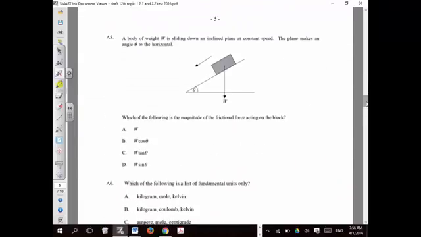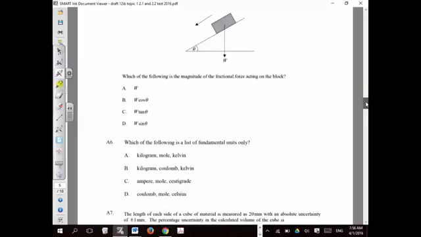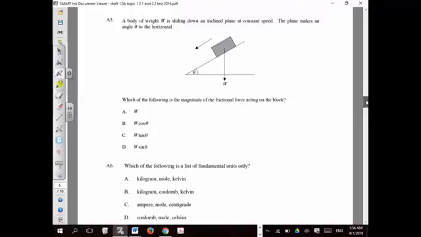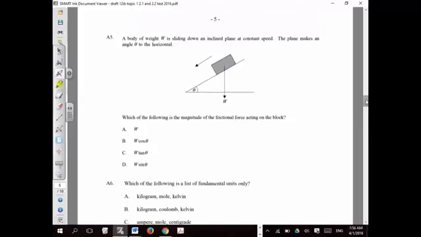Okay, a body of weight W is sliding down an inclined plane at a constant speed. The plane makes an angle theta to the horizontal. Which of the following is the magnitude of the frictional force acting on the block? It's sliding at a constant speed, it means it's in equilibrium. We have the weight force, we have a normal force, and we have a friction force. So we know that if we add weight, normal force, and friction force, we should get 0.